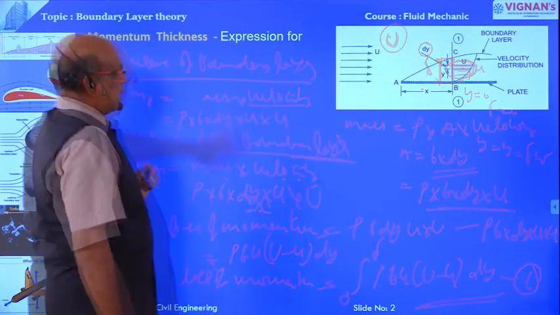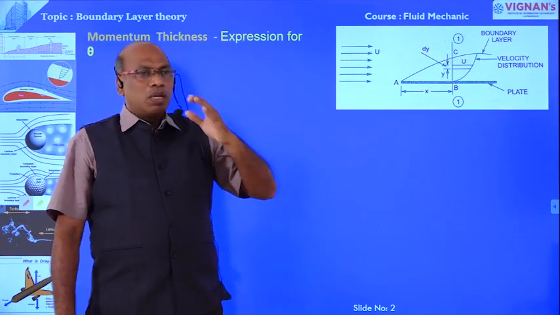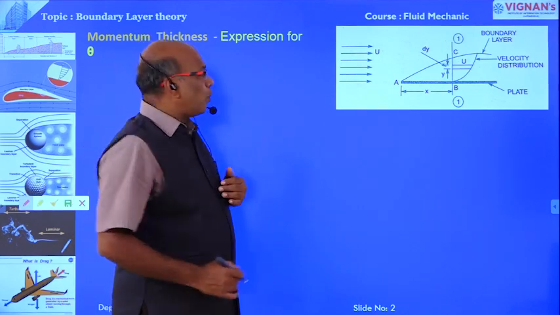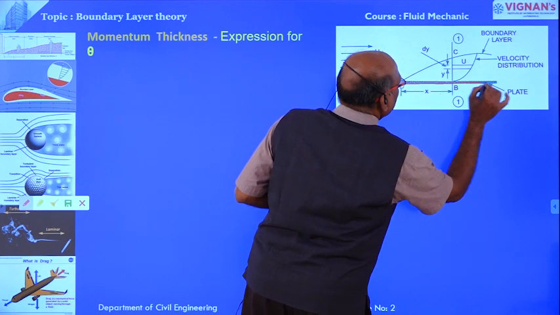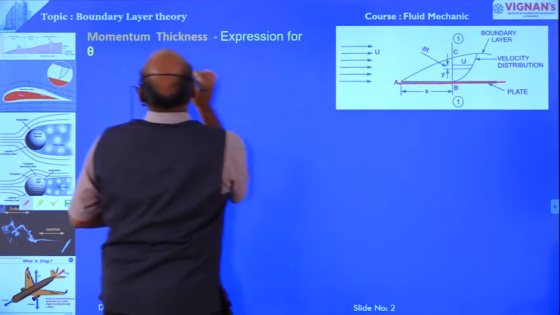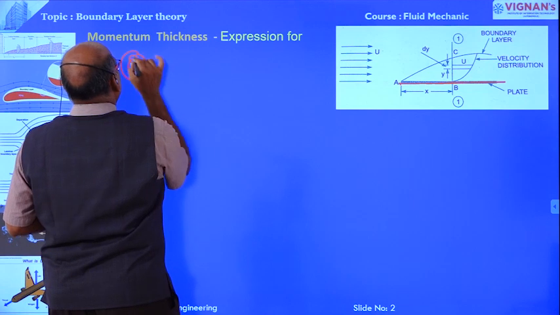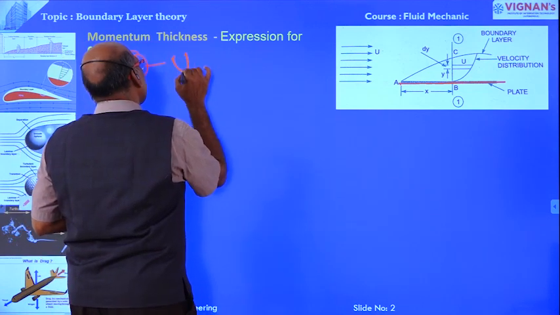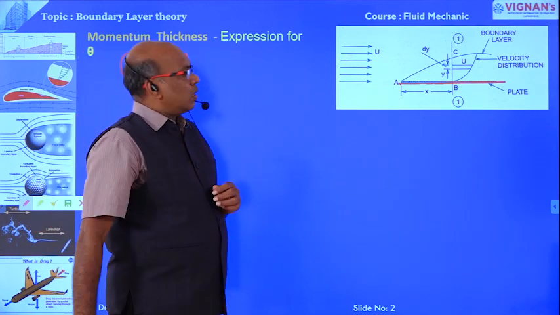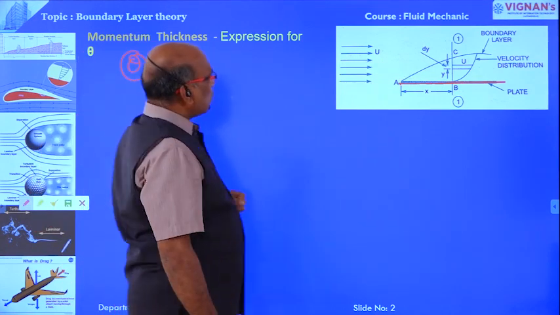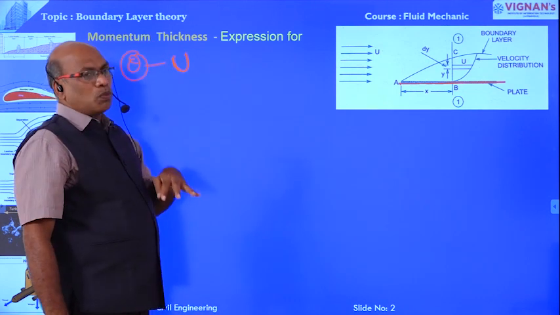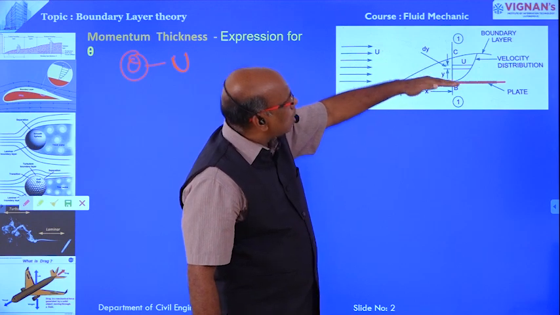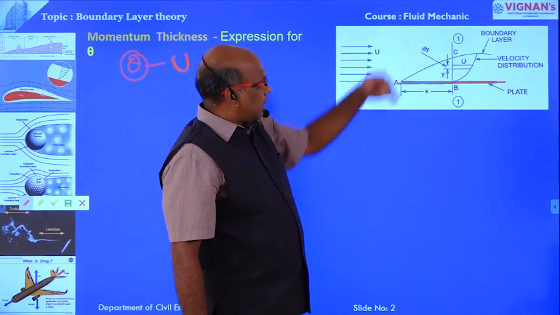Next, because of the reduction of the momentum, the boundary layer is shifted to a distance theta. At the distance theta, the velocity of the flowing liquid is capital U. So the reduction of momentum because of the boundary layer is shifted to a distance theta.